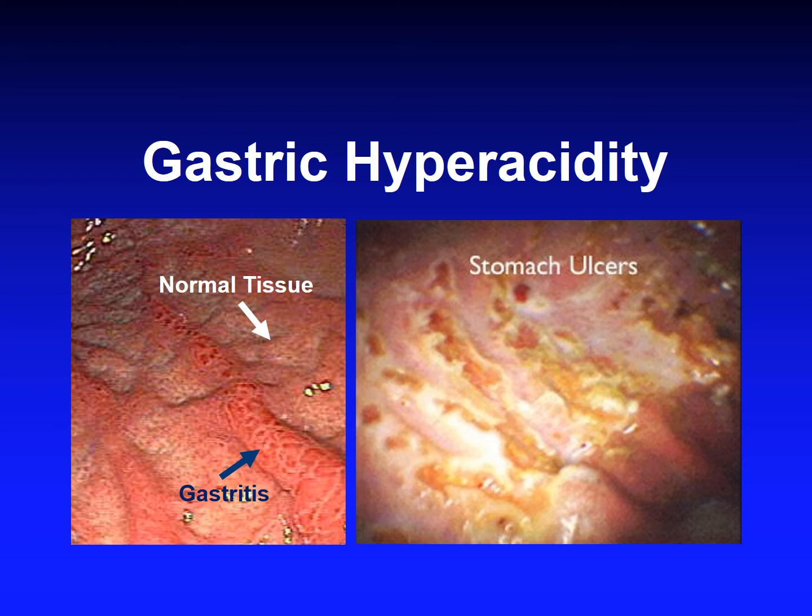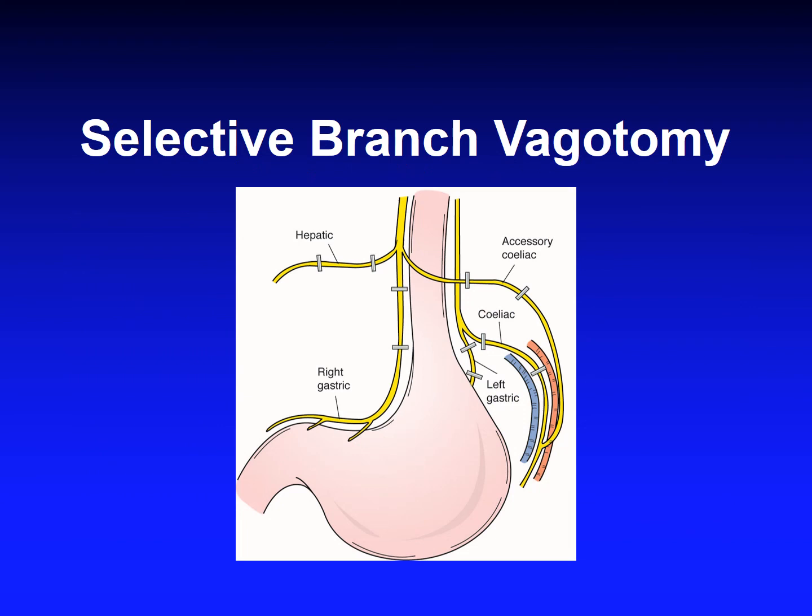And therefore, one of the treatment options for these cases is what we call selective branch vagotomy. Selective branch vagotomy is basically cutting or severing a branch of the vagus nerve that supplies the area with the most prominent lesion.